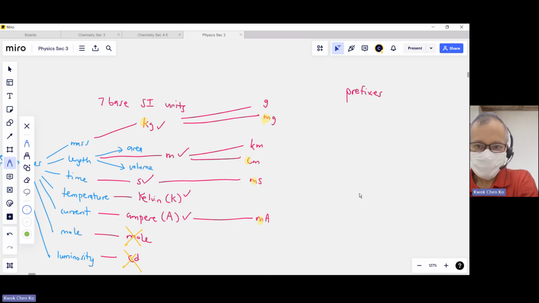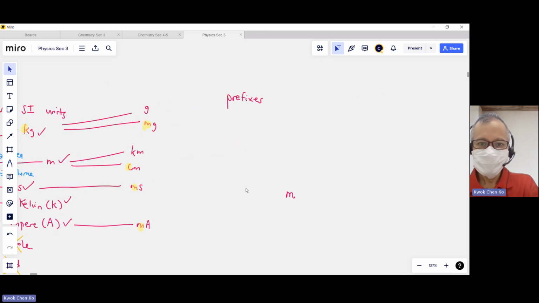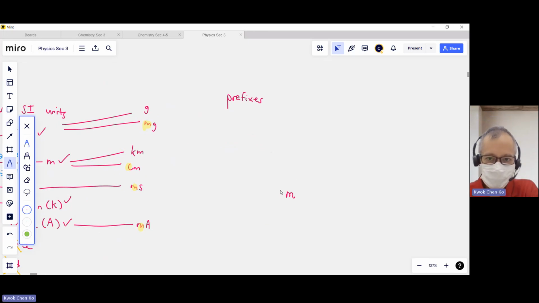Now, starting from meter, let's use meter. This would be the one without any prefix. Now I can go downwards. So I have millimeter. Maybe I'll spell it for you.